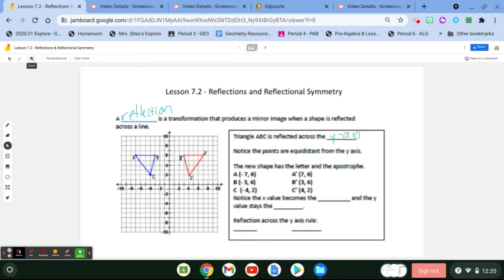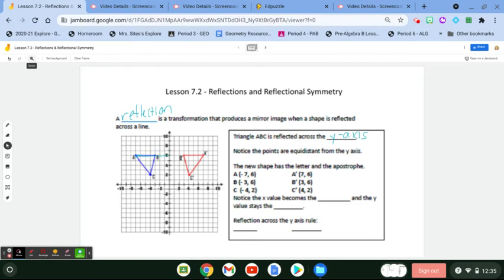We kind of looked at this a little bit yesterday, but if you take a look at the points, you want to notice that the points are equidistant to the y-axis. So if I take a look at point A and count over to the y-axis, it would be 7 units over to the y-axis.